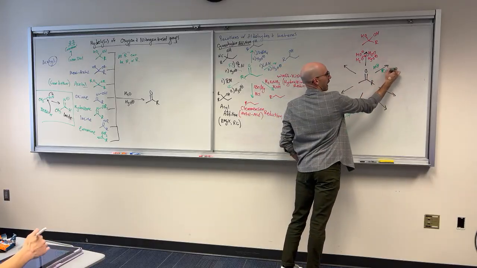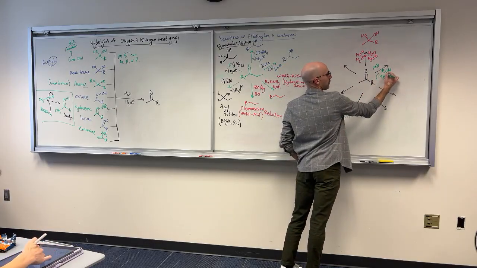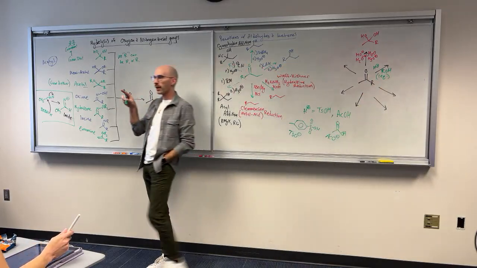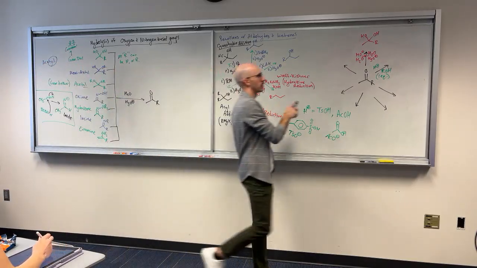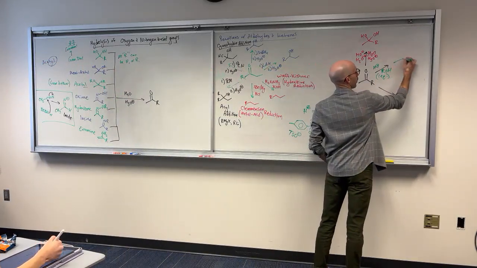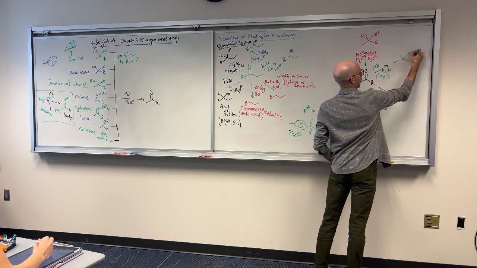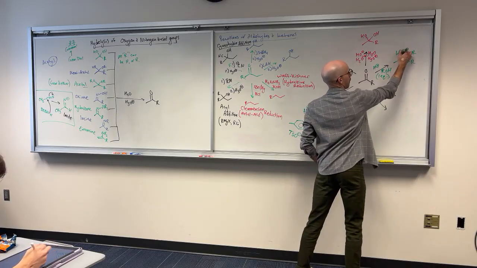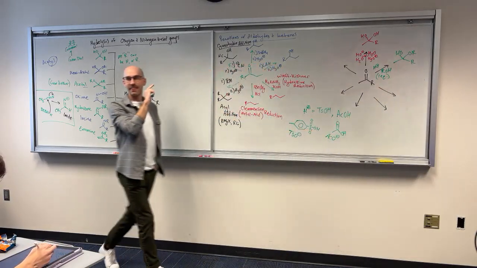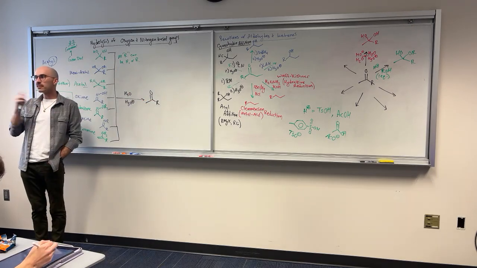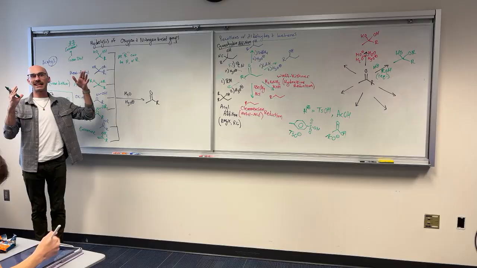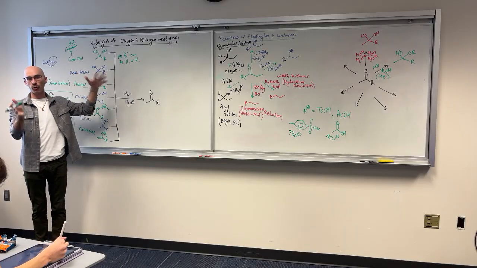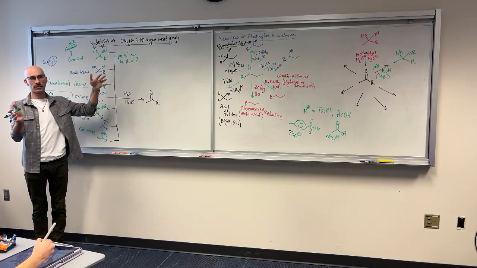H+ with alcohol. I'm going to be specific here. One equivalence of ROH to the aldehyde or ketone. That is acyl addition. Plain and simple. That is adding an equivalence of alcohol across the aldehyde or ketone.